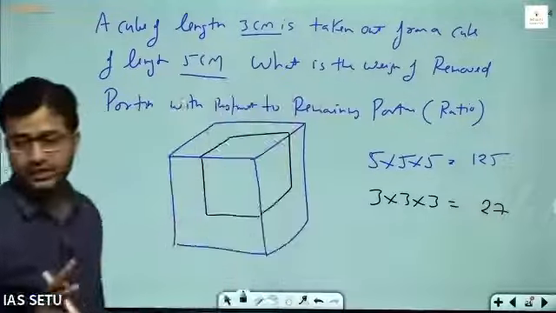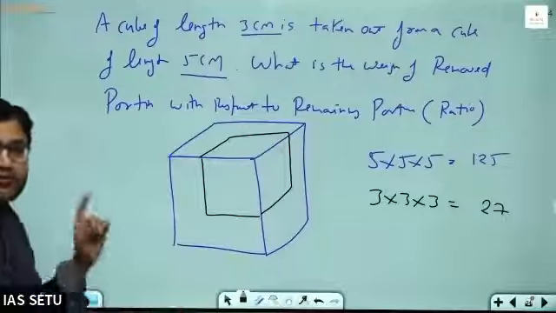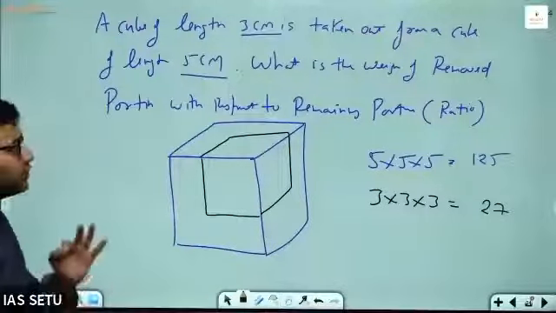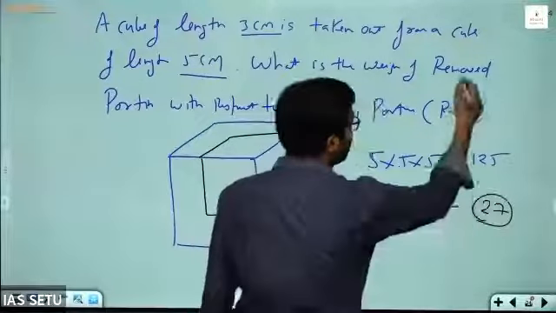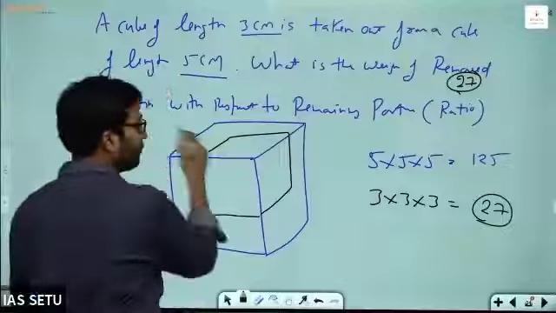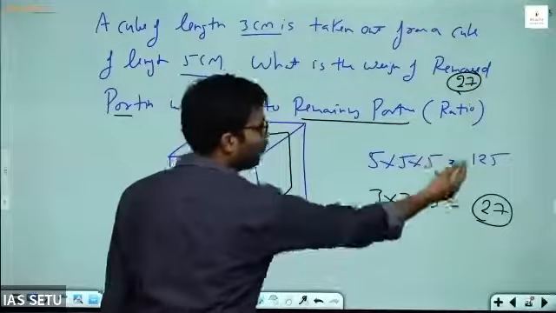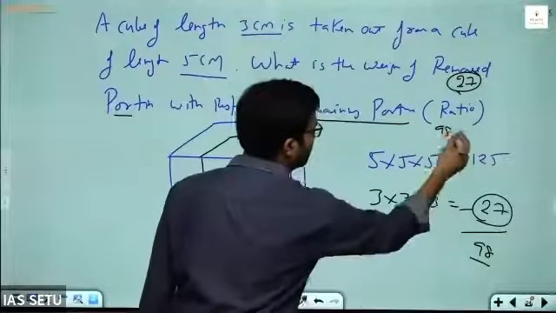There are 3 terms, you have to be careful. One is original, one is removed, and one is remaining. So you have to read question carefully. What is removed? 27. And what is original? 125. And then what is remaining? 125 minus 27, remaining is 98.